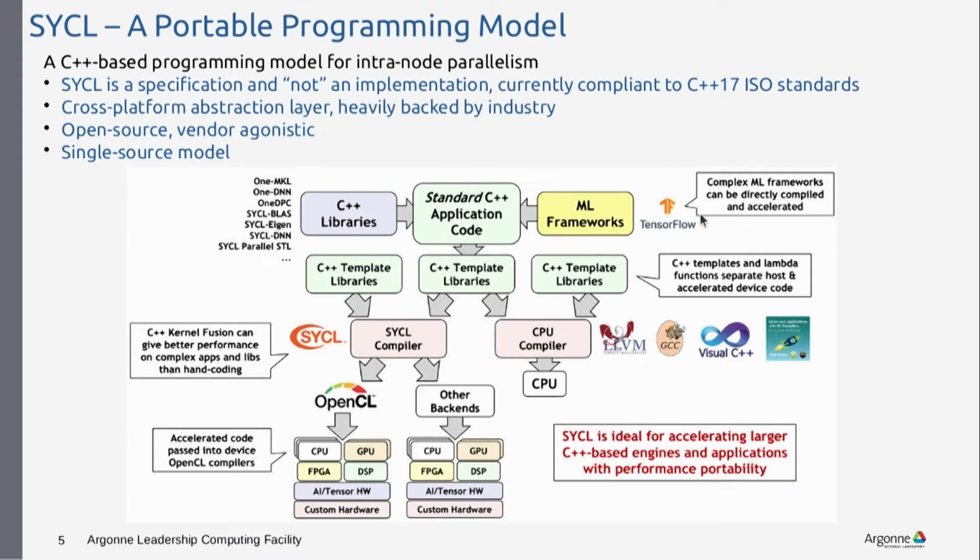You could see from this chart how the standard C++ libraries, machine learning frameworks, and all these could use the SYCL compiler to just run on any hardware. If you're choosing CPU, GPU, or FPGAs, you could just run it on OpenCL. OpenCL is a backend which runs. So you just write the code in SYCL, and that would just run on all these machines.